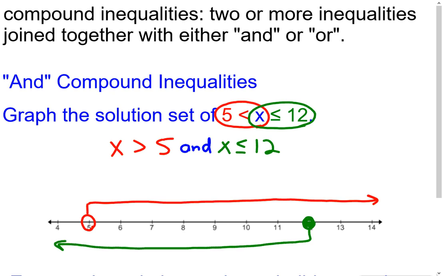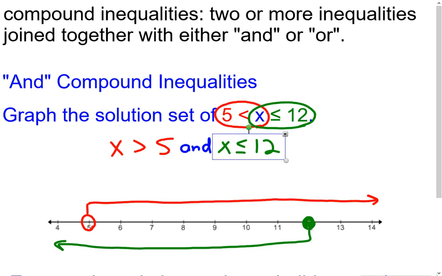But like I said, since we have this compound inequality and it's an and inequality, we want to find numbers that will satisfy the red inequality and numbers that satisfy the green. Well, those are going to be all the numbers that are in what I'll refer to as the double shaded region. Because if I take a number like 7, 7 is greater than 5, and 7 is less than or equal to 12.